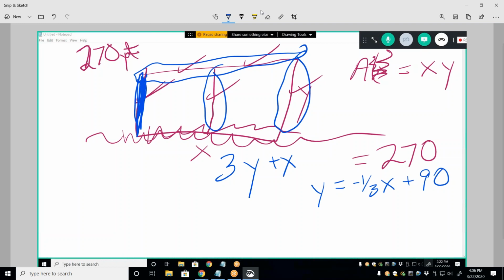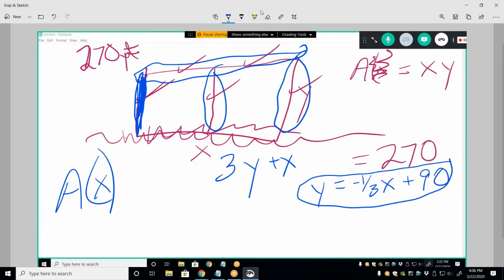Now, the advantage of making y a function of x is I can go back into my area function, which started out as a function of x and y, but now it's only going to be a function of x. I've still got that x, but for the y, I now have this.